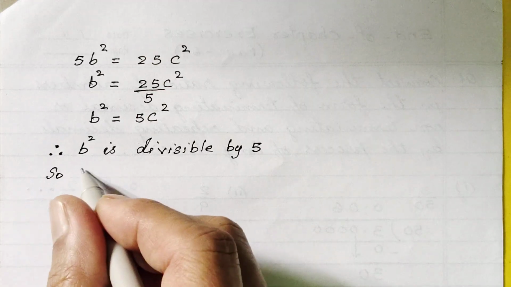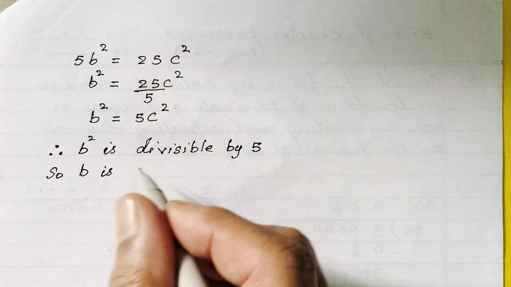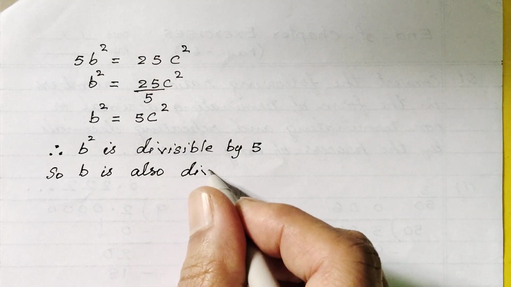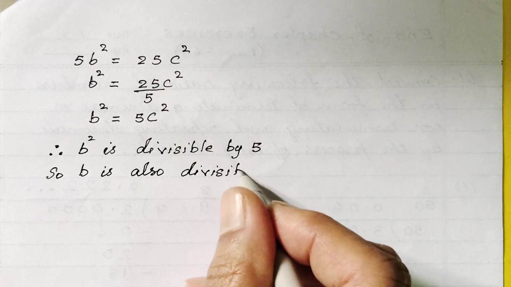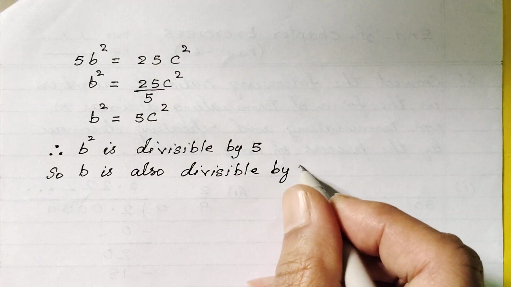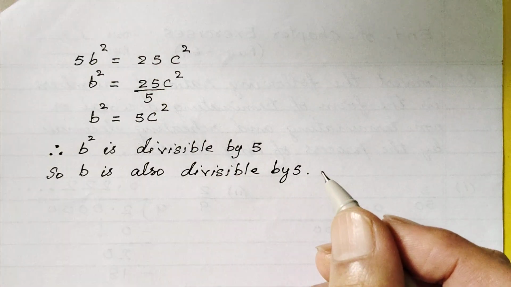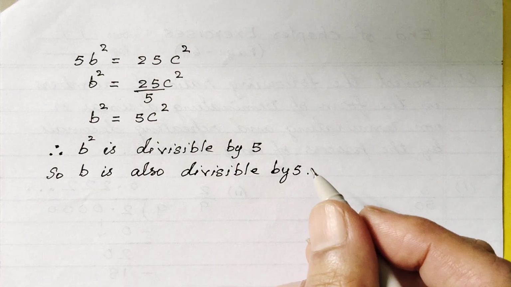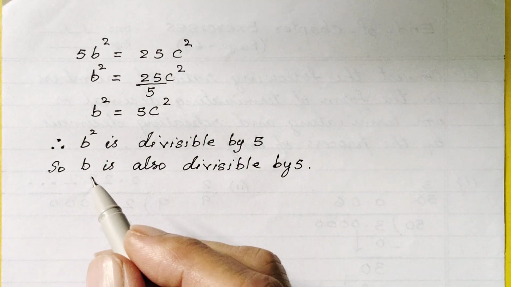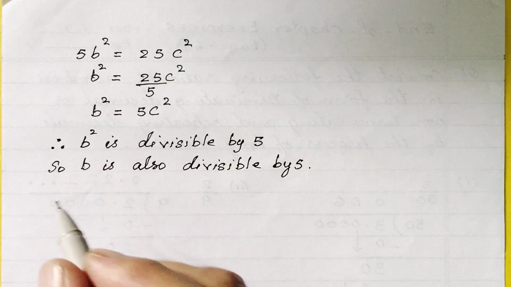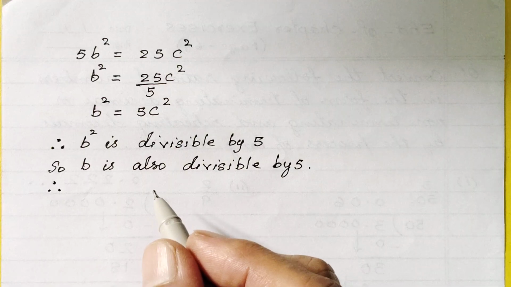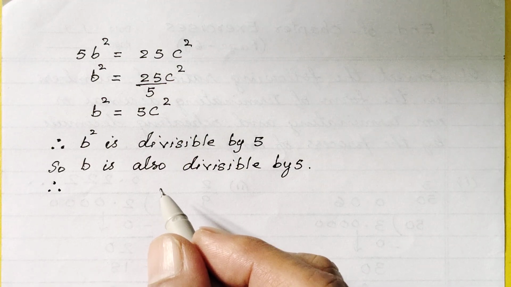So b is also divisible by 5. Therefore, 5 is a common factor of a and b.